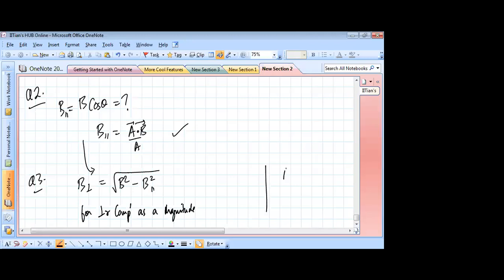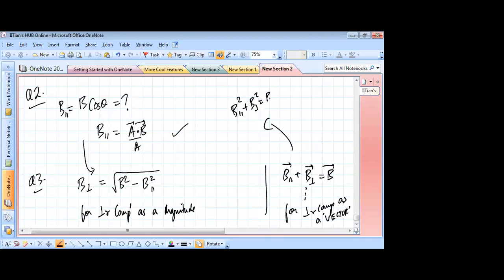Whereas what we saw earlier today, this relation, we use when we want the perpendicular component in vector form. Just in scalar form you use this, because this itself tells you that magnitude-wise this is what is happening, because they are perpendicular to each other. So that is the connection between questions 2 and 3.